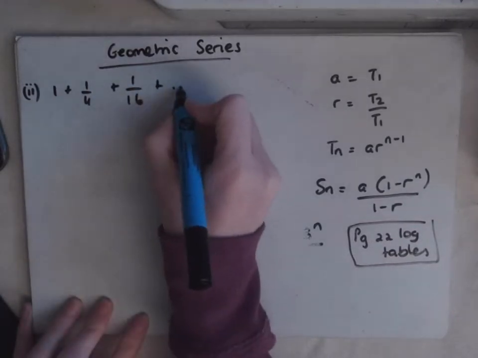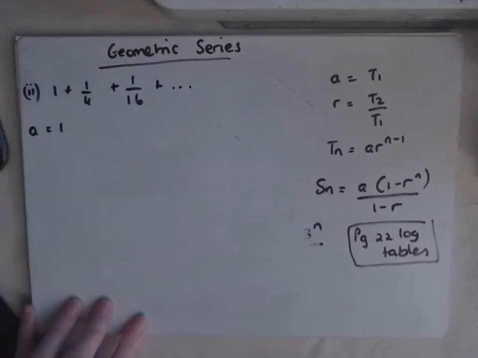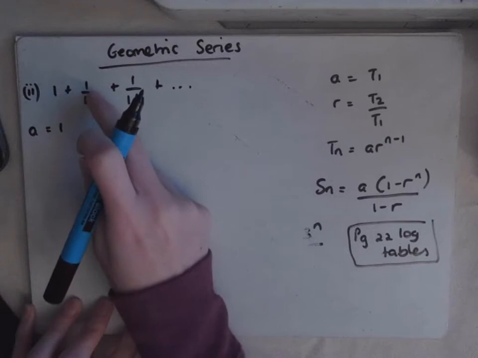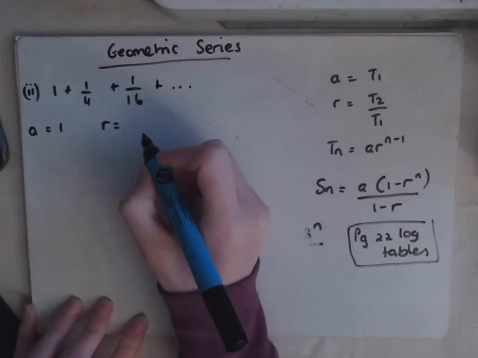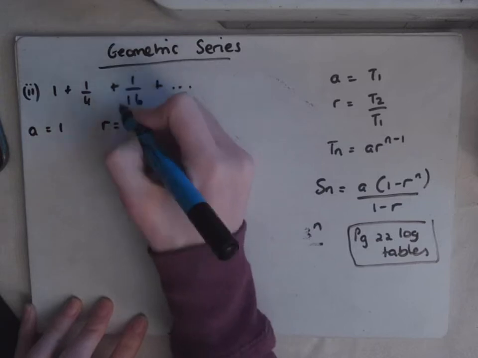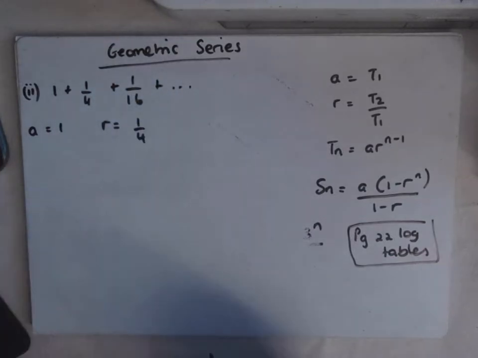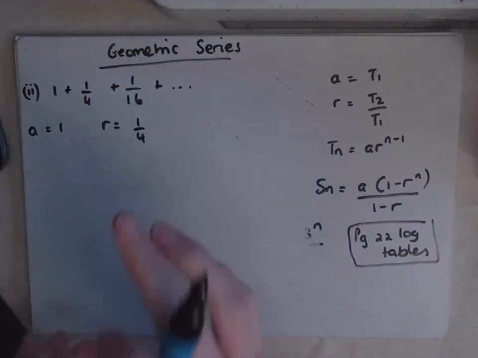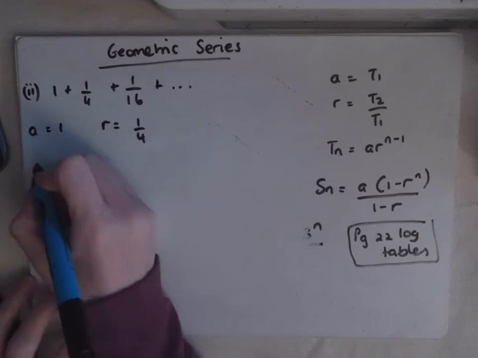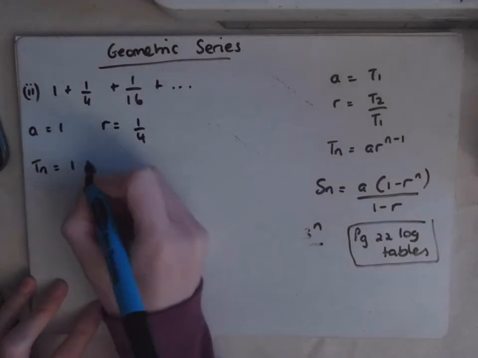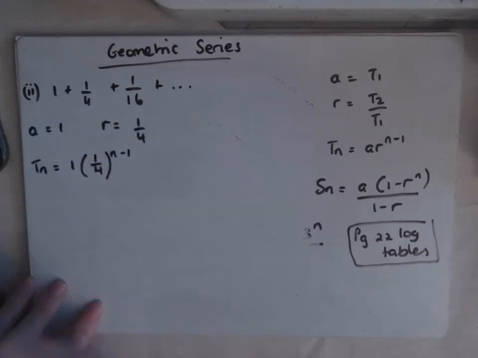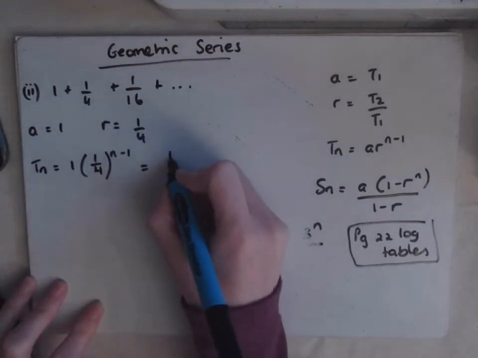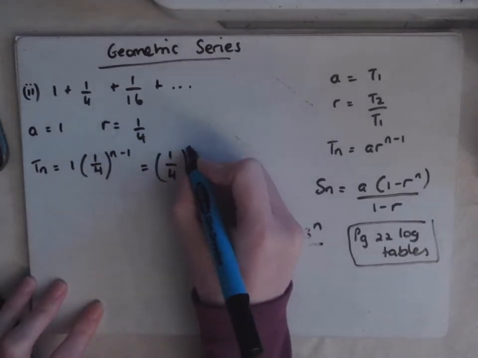So our a again is 1 and our r is a quarter divided by 1, which is a quarter, or 1/16 divided by a quarter. You can throw that into your calculator, you'll still get a quarter. So Tn is a r to the power of n minus 1, which is a quarter to the power of n minus 1.